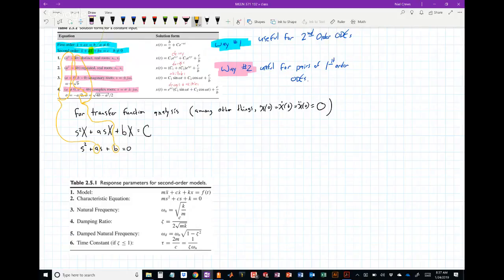But now that we know that this is our damping coefficient.